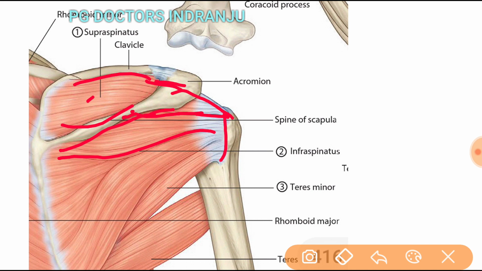So at the greater tuberosity, the three muscles attached are supraspinatus, infraspinatus, and teres minor.